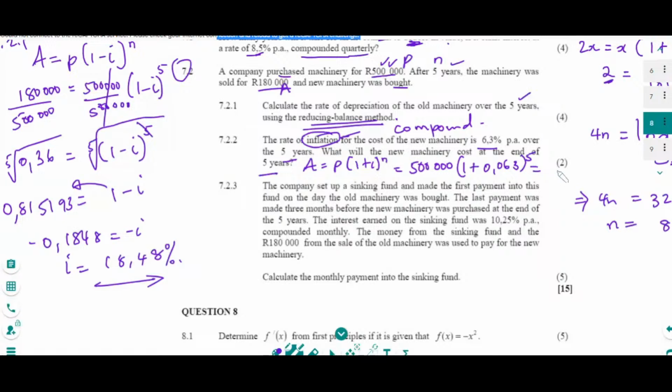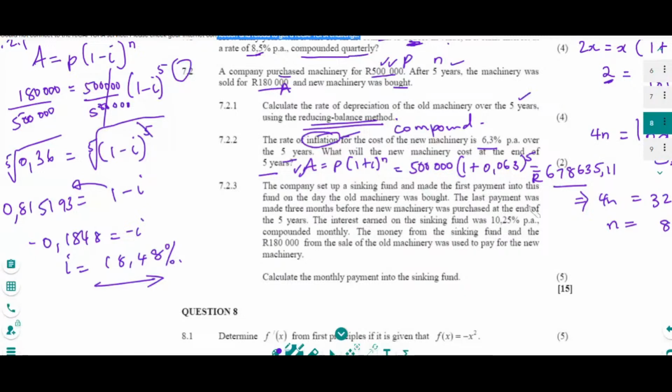We're going to get 678,635.11. In other words, we have 678,635 francs and 11 cents. So that is the value of the machine after 5 years.